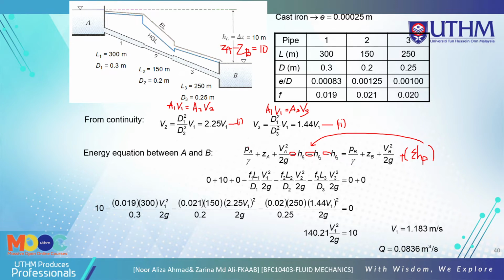The PA is 0, and VA is also 0, PB is 0, and VB is also 0. So they only have ZA minus ZB, so you get 10 here.